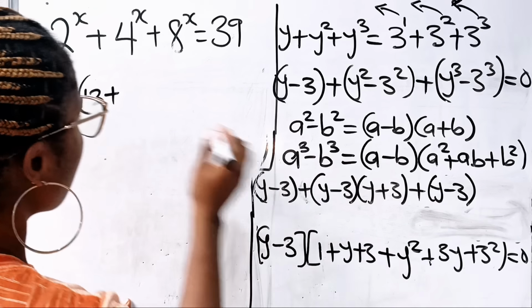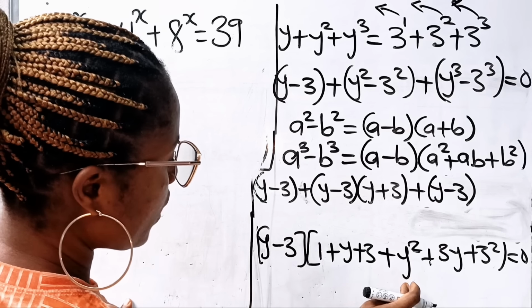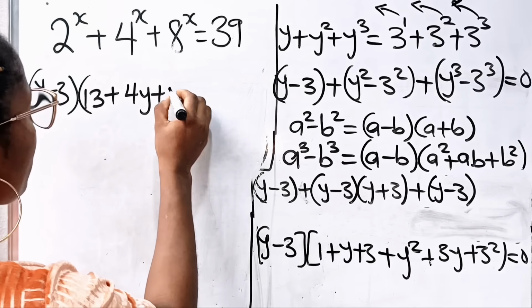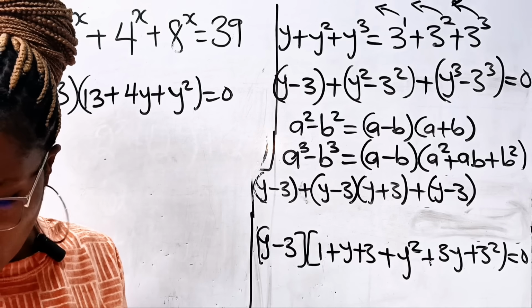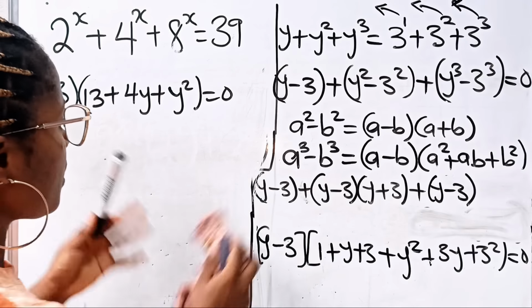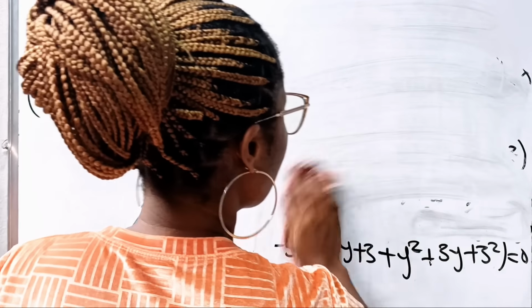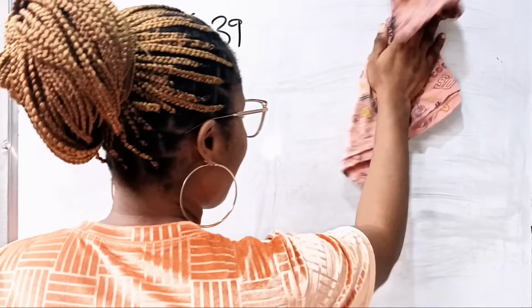Y plus 3y is 4y. Y squared, we have only one y squared, is equal to 0. Now you can see that we have a quadratic equation there, right? But for me to clean everything, I need to have my space.